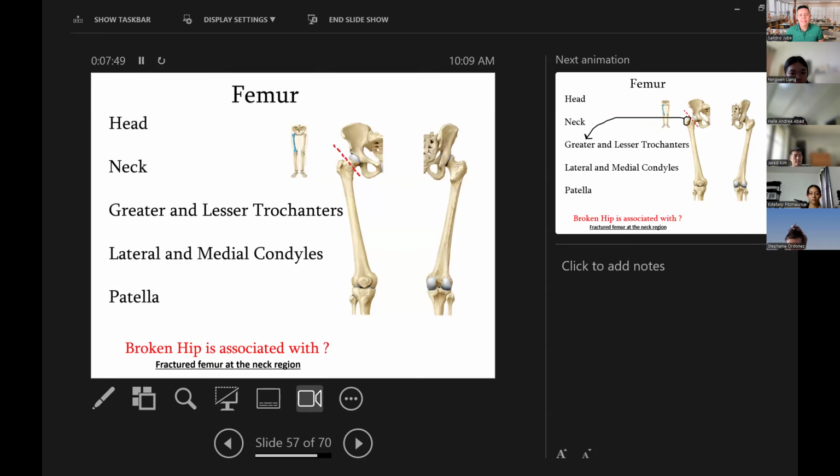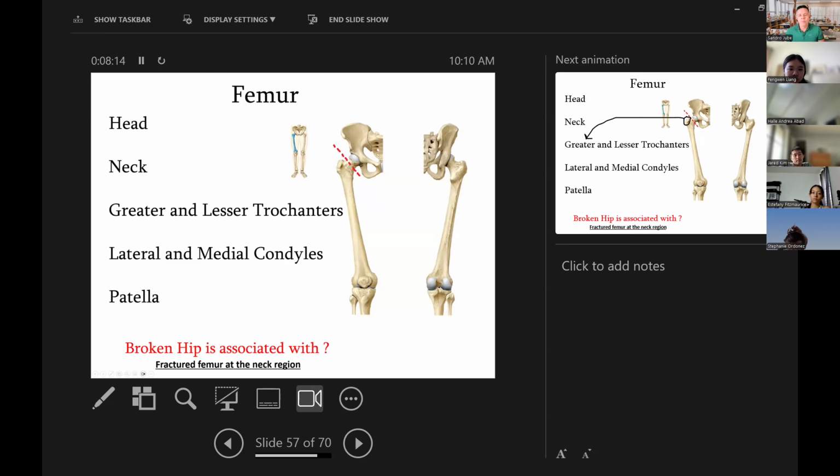And that head is covered in articular cartilage, as we can see right here, articulating with the acetabulum of the hip. Every time we have a head of a bone, we're also going to have a neck, and the neck of the femur is right there, right underneath it, where the line is crossing.